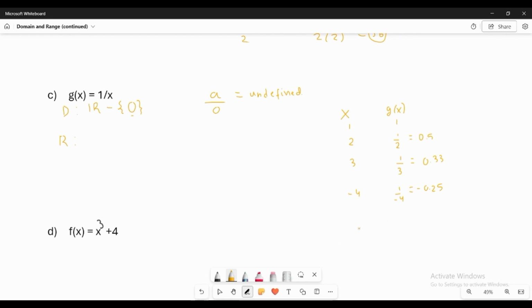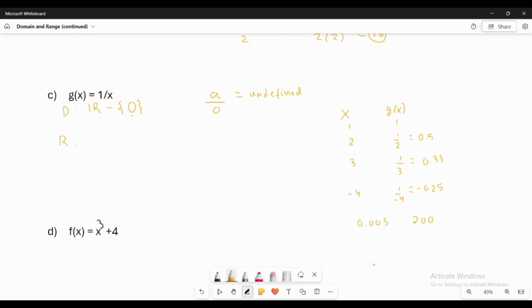But again, we can take any number for x. Even a very small number, let's say 0.005. When you do 1 divided by 0.005, you are going to get 200 as your answer. Similarly, you can take many small values for x, like 0.0009, 0.000078, anything. And you will see the smaller the denominator is, the bigger the value of g of x will be.